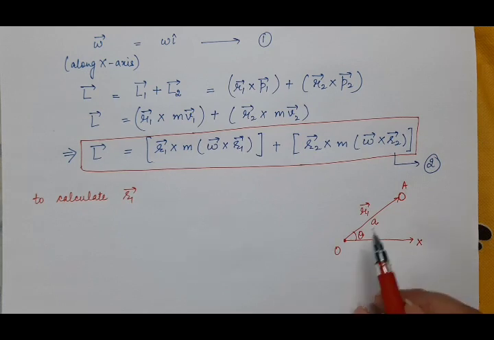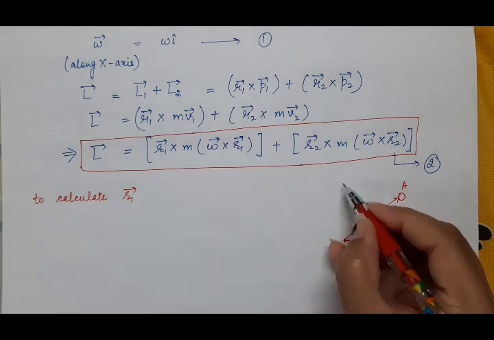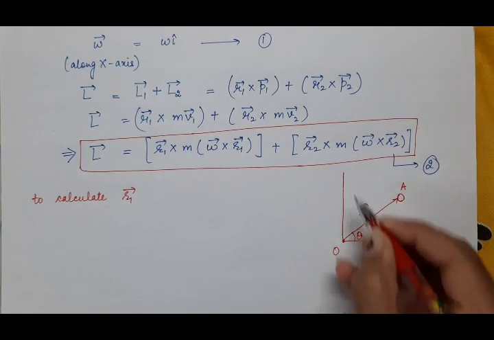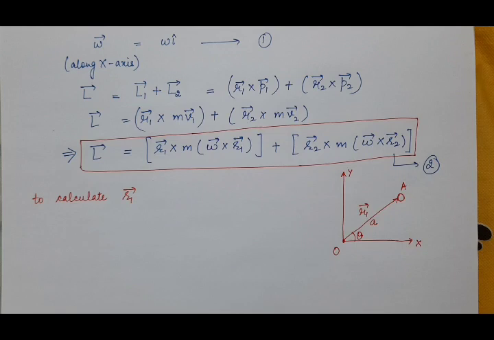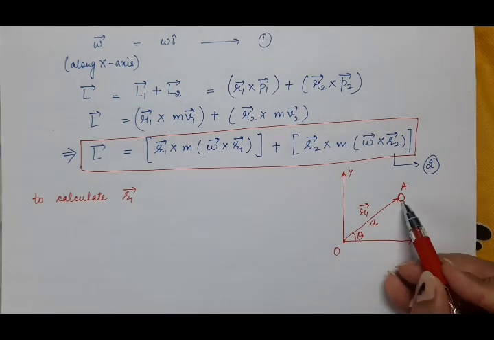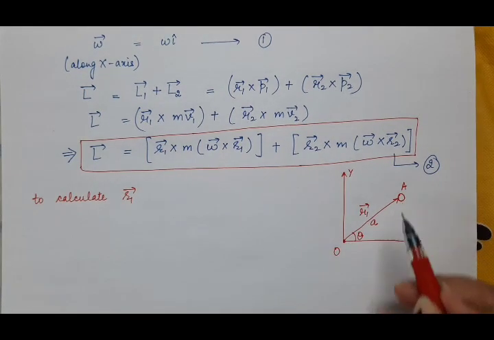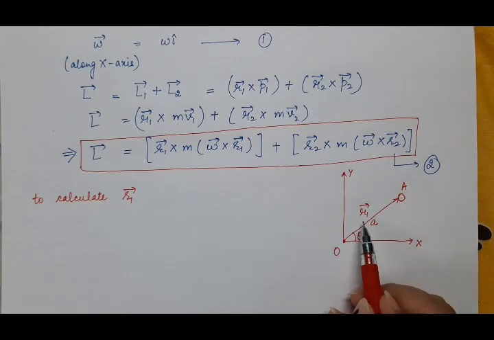We know that this vector R1 lies in the xy plane in the figure which I have shown earlier. Here this particle at point A lies in the xy plane. It means this vector will have x component and y component.